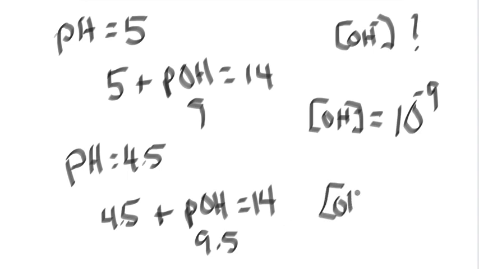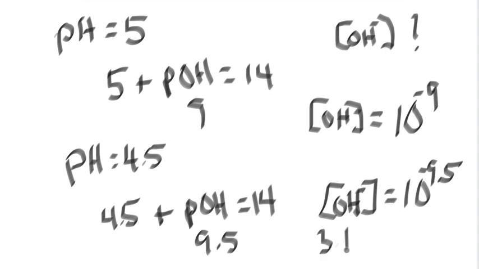Real quickly we can solve for the OH concentration. It equals 10 to the negative 9.5. Since we have calculators, you can punch that in, and you get 3.16 times 10 to the negative 10. So you can very quickly find the concentrations of the OH as well as the H if we wanted to.